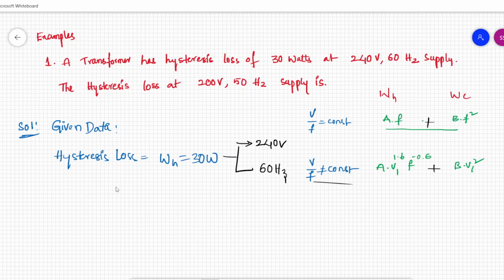So let us take them as V1 and F1. V1 is 240 volts, F1 is 60 Hz. Now we need to find the hysteresis loss at 200 volts and 50 Hz supply.